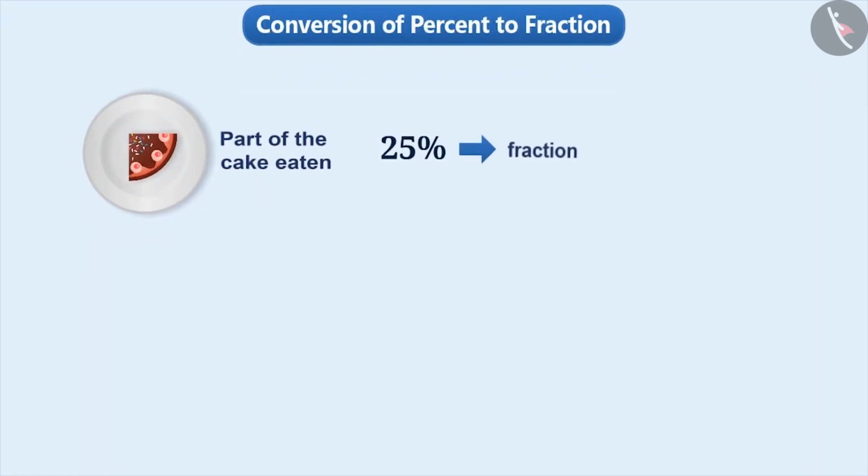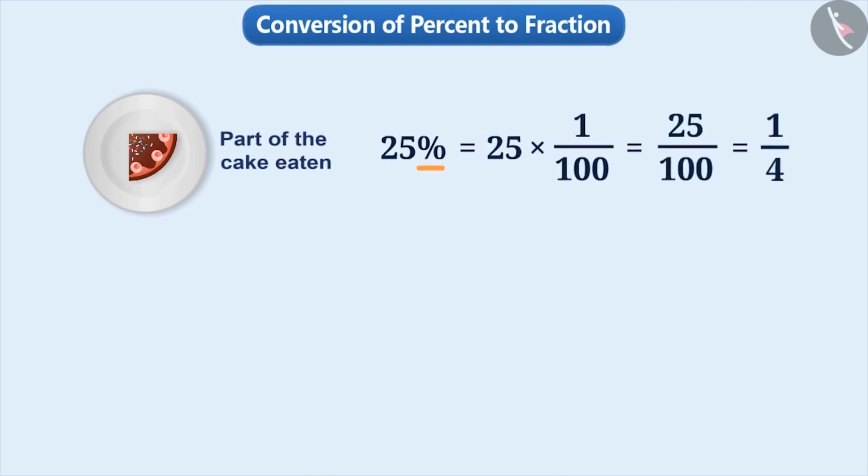In mathematics, to convert percentage into fractions, we use 1/100 in the place of percentage. Then, we will express the obtained fraction in its simplest form. Here, part of the cake eaten by Vipul is equal to 25%, which is equal to 25 into 1/100, which is equal to 25/100, which is equal to 1/4.